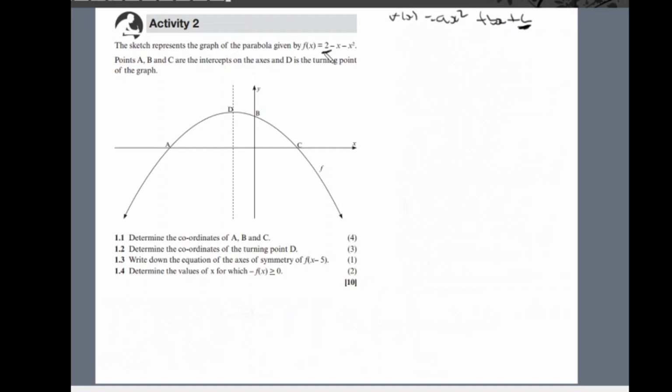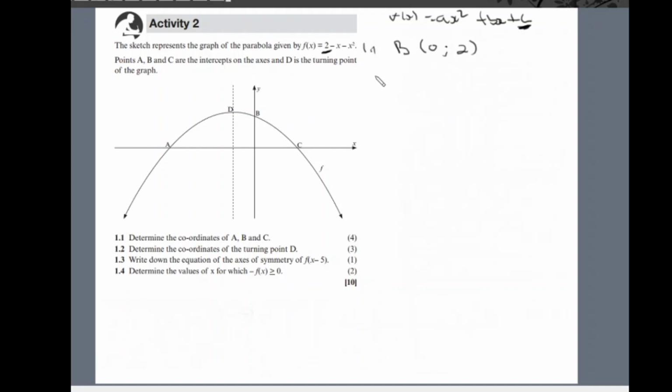In this case, c is 2. So the coordinates of B are x equals 0, y equals 2. That's 1.1. And then the coordinates of A and C are the x-intercepts.